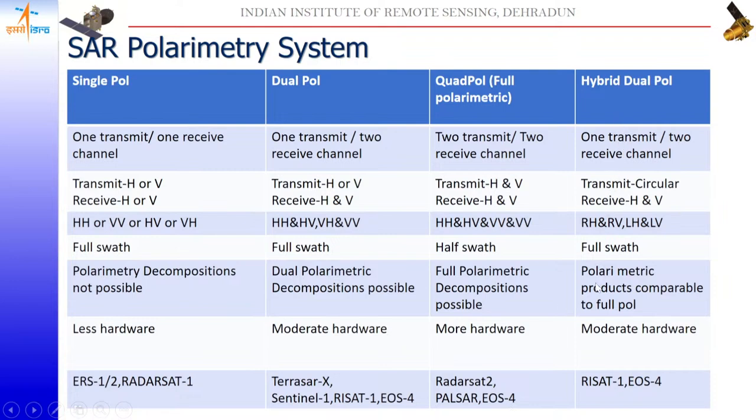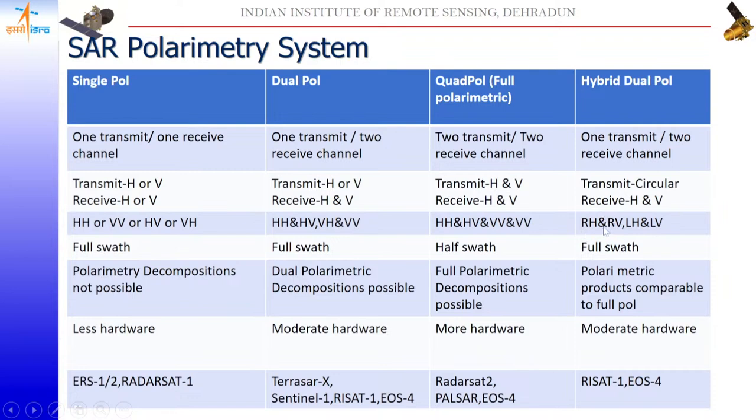So this is the new concept in SAR polarimetry, in which we design a dual pole system with less hardware, but after data processing we can get signatures similar to quad pole. We design it like a dual pole and yet get quad-pole type information. In this we transmit circular polarization and receive H or V. The combinations are right circular, RH and RV, and left circular, LH and LV.